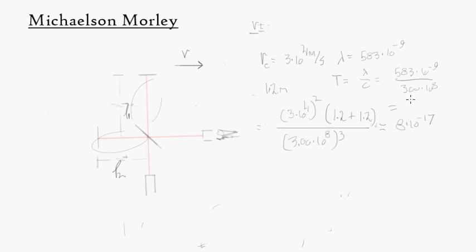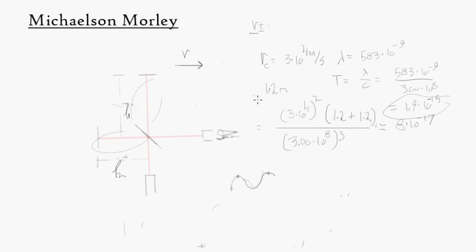We are going to get a period of 1.9 times 10 to the minus 15th. Okay, so what does this mean intuitively? This is the period of sodium, which means after 1.9 times 10 to the minus 15 seconds, it's going to go from peak all the way back up to its peak. And when rotating the machine, we should get a shift.